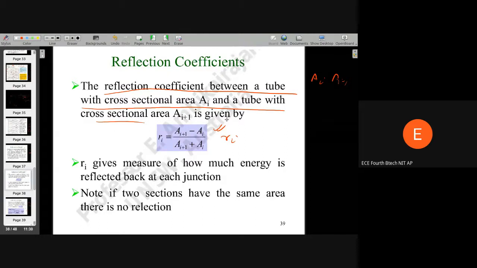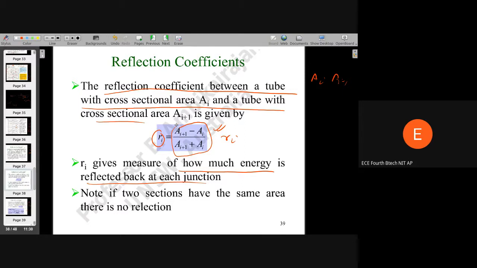When the cross-sectional areas of both are the same, it's like an extension of the same tube, and the reflection coefficient is 0. So it gives how much energy is reflected back at the junction. Otherwise, when the areas are different, some amount of energy is reflected back.